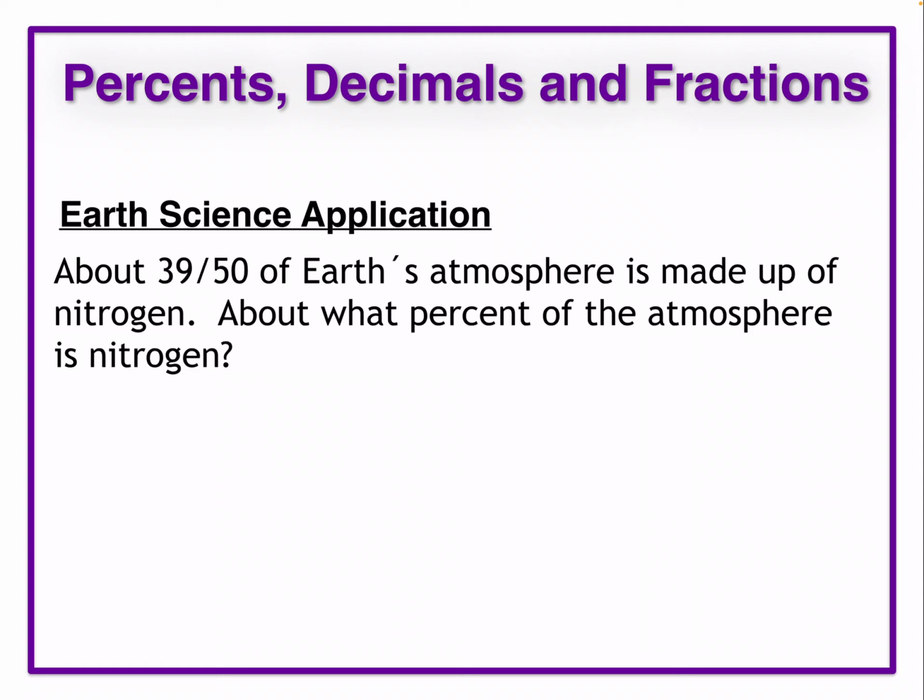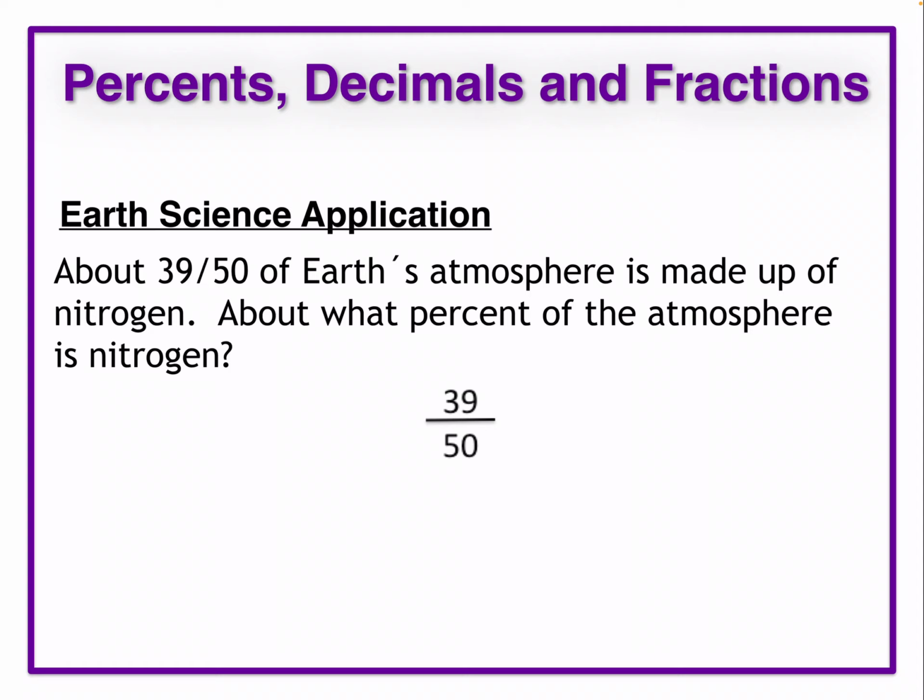Now, Earth science application. About 39/50 of Earth's atmosphere is made up of nitrogen. About what percent of the atmosphere is nitrogen? So we have to convert 39/50 to a percent.